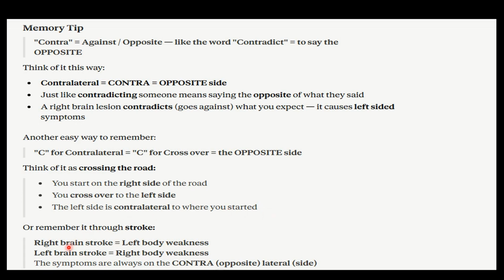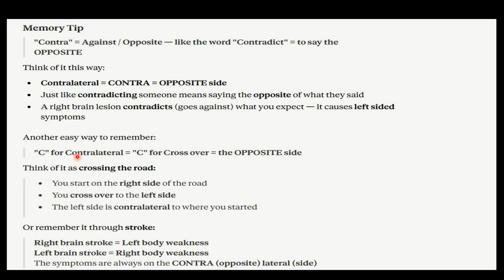Okay, so when we are talking about a right brain stroke, there is left body weakness. When we are talking about a left brain stroke, there is right body weakness. So the symptoms are always on the contra or the opposite side. That is, if something is happening on the left side, it will impact the right side. If it is happening on the right side, it will impact the left side.